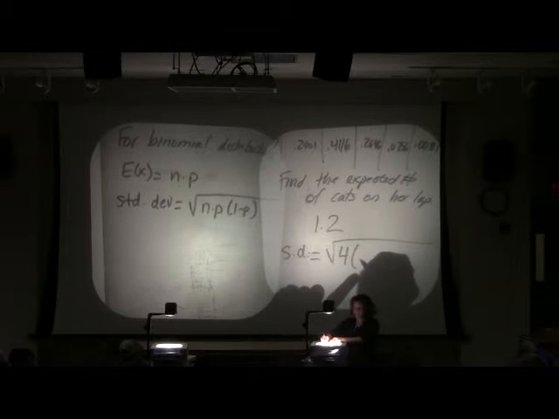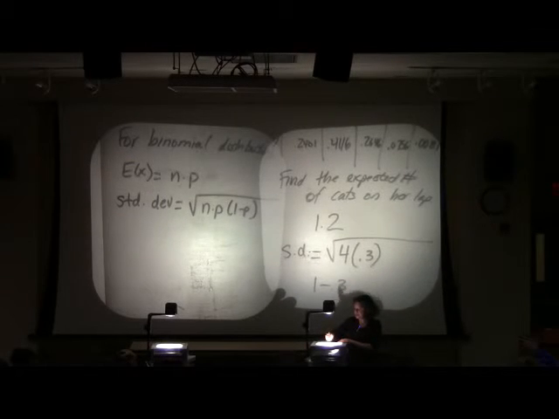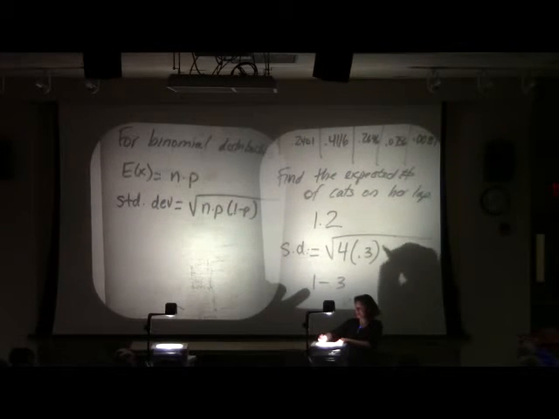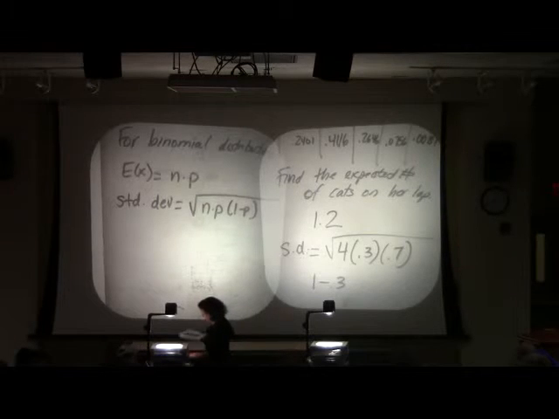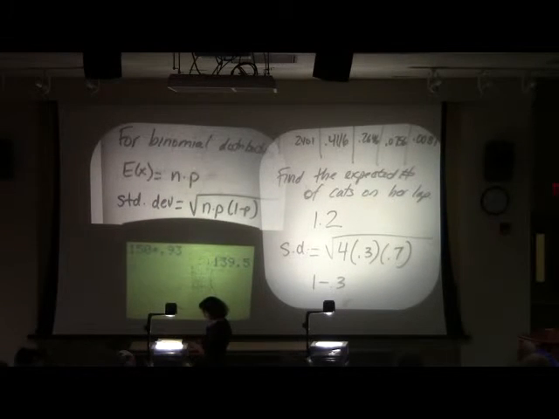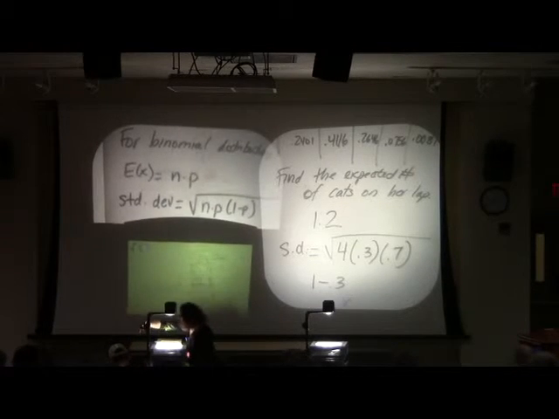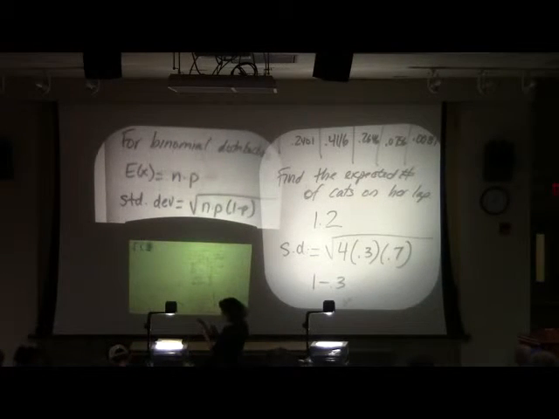What was our p? What was the probability the cat would sit in her lap? 0.3. Well, then you have to do 1 minus p. What is 1 minus 0.3? 0.7. So you would do your square root of 4 times 0.3 times 0.7. Close it up, and you get about 0.92.